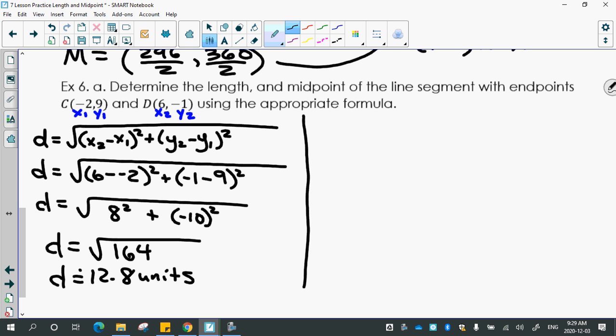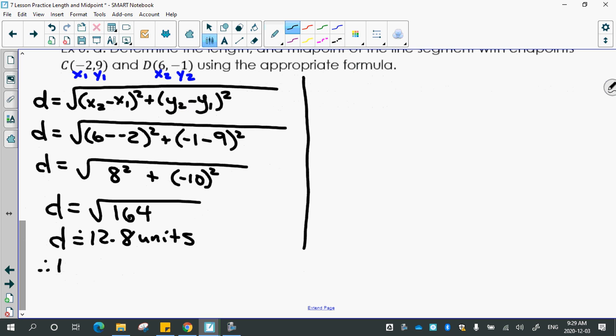So that's the distance side, okay? And it says to find the length, so I'd probably write therefore length of CD is approximately 12.8 units.